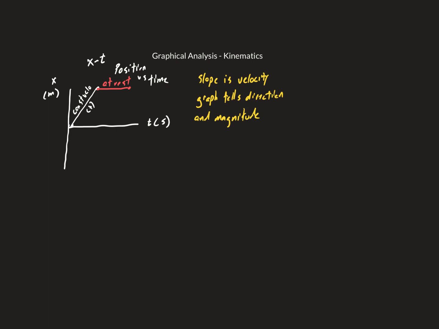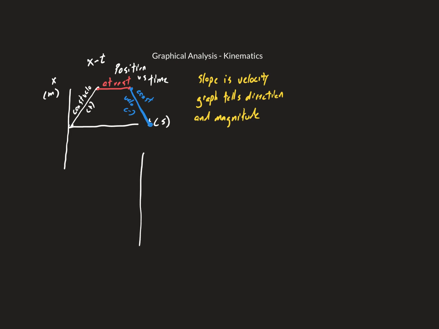The one in red is at rest, so its slope is 0. It doesn't have a velocity. And then finally here in blue, it looks like it's going down. Once again, this is a constant velocity in the negative direction, right? So the graph told me what was happening here. And on purpose, we talked about this being constant velocity.